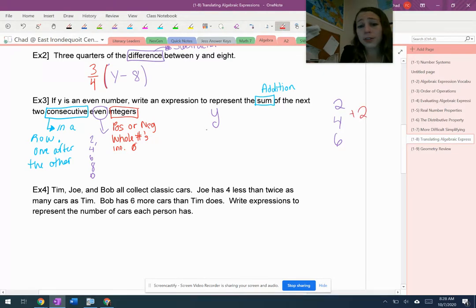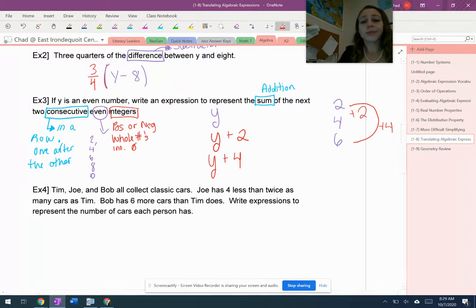So the next consecutive even integer would be whatever y is plus 2. So then, how do I get from y all the way to 6? How do I get from 2 to 6? That would be plus 4. So my third expression would be y plus 4.